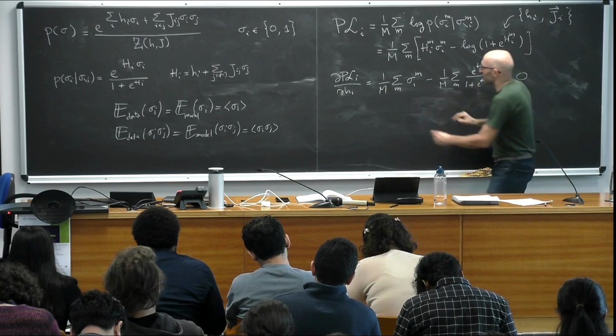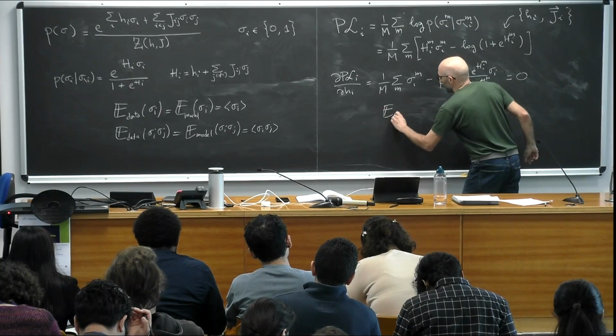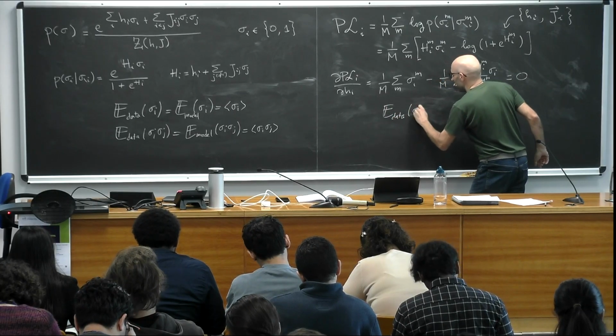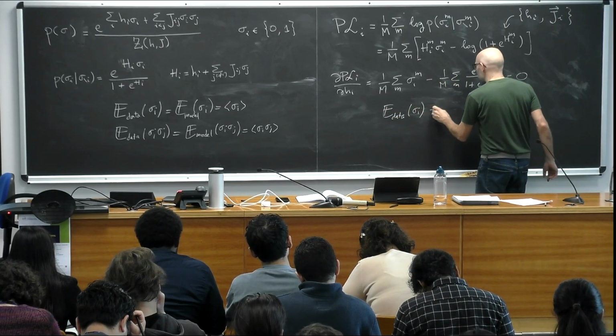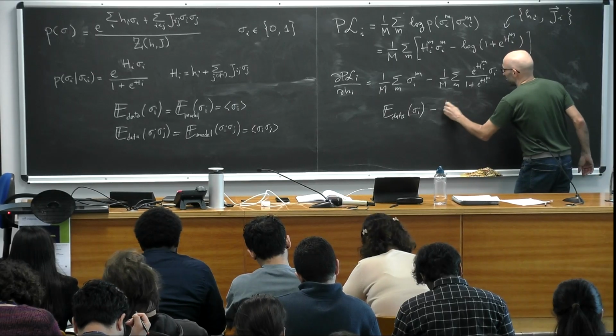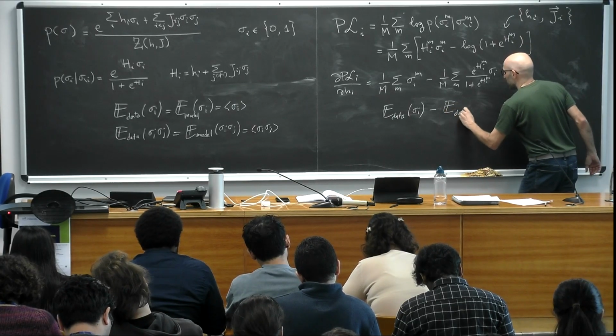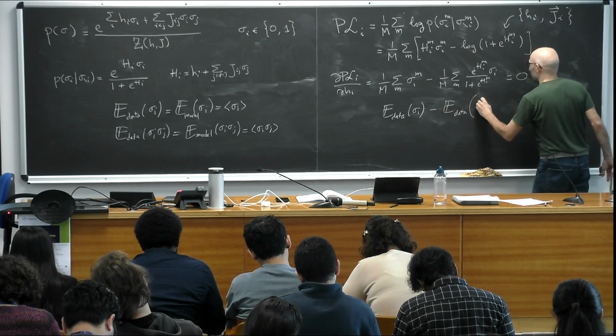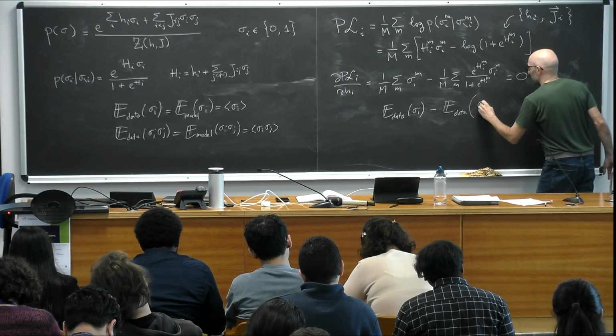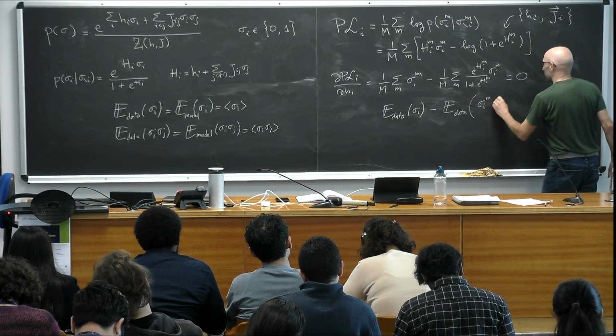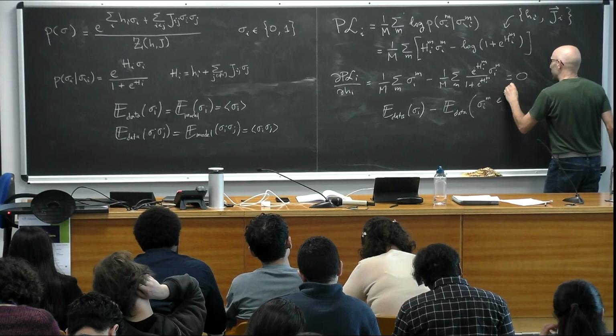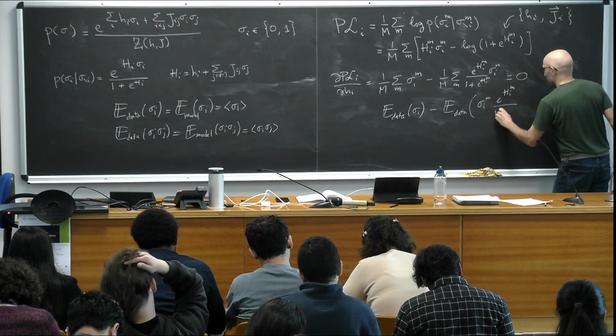identity. So this is telling you that the expectation over the data of sigma_i should be equal to the expectation over the data of sigma_i^m times the conditional probability of sigma_i^m.